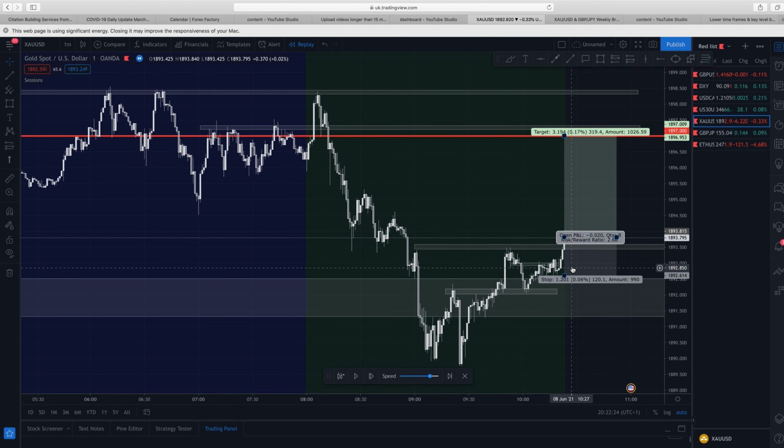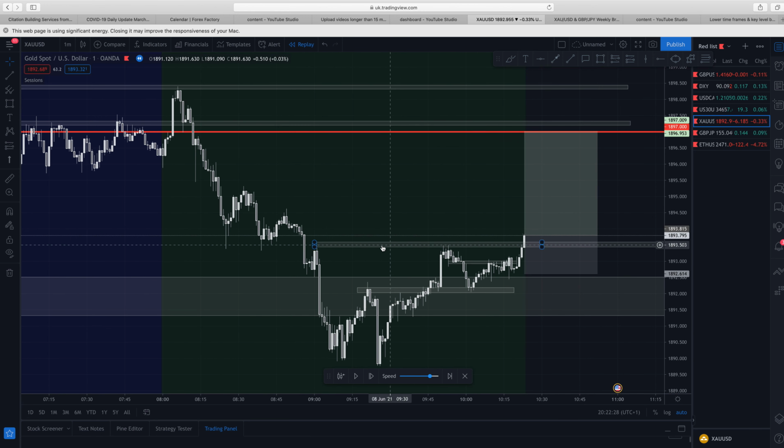That's if we do get to this level off this push here. Again, if I do get an engulfing bearish candle, which sits below this high it's just broken from, that's for me an indication that we're not ready for the bullish push to the upside, and just wait for better entries again.